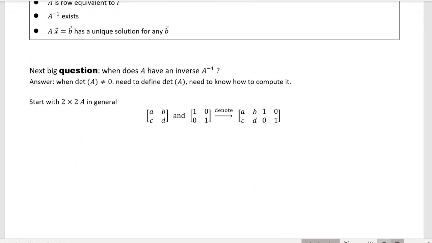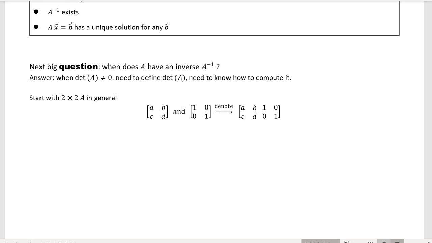Okay, next big question. When does A have an inverse? For numbers, if we have something like P over Q, we need Q is not 0, right? And so this is like the criterion for the inverse to exist.